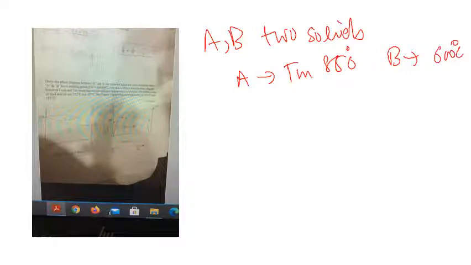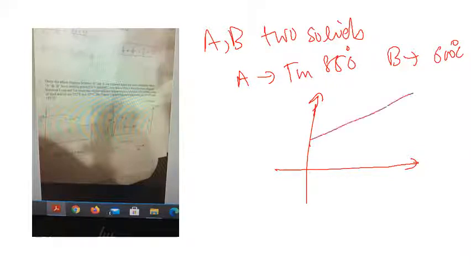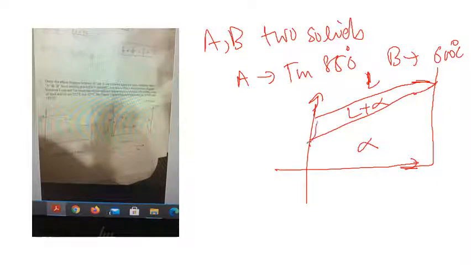If we look at a typical diagram, it will look like this: here will be the solid region for the binary eutectic system, here will be liquid plus, let's say alpha is our solid, and here is liquid, and here is our alpha. But they should converge at the same point. Let me draw again.